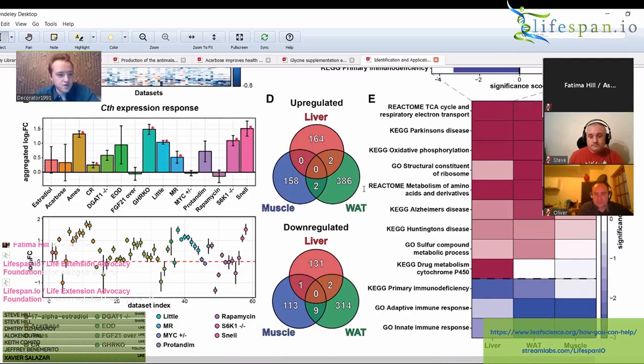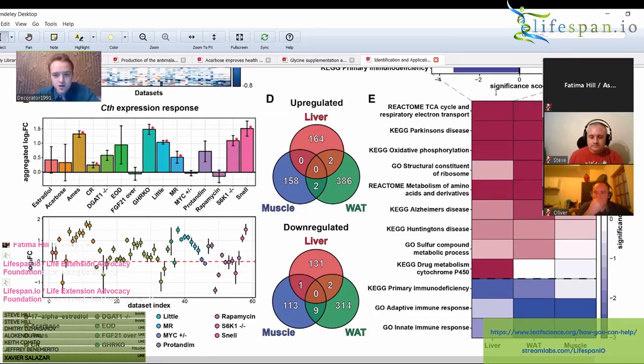So we ran the same analysis, and what we found is that at the level of individual genes, there were almost no overlaps. So here on the Venn diagrams, you see almost all overlaps equal to 0. But at the level of functional enrichment, which is shown on panel E, we have a lot of similarities.